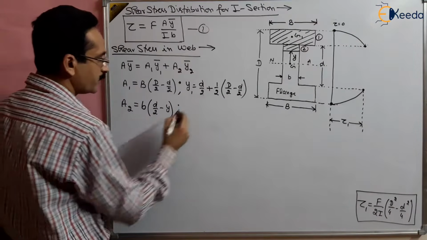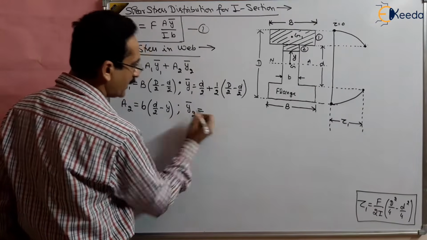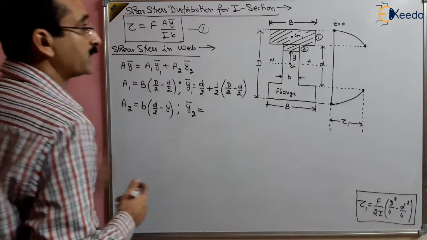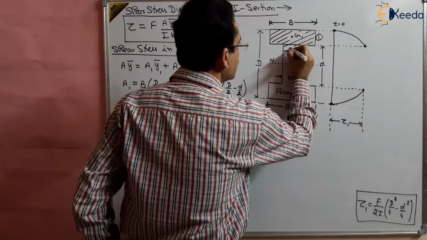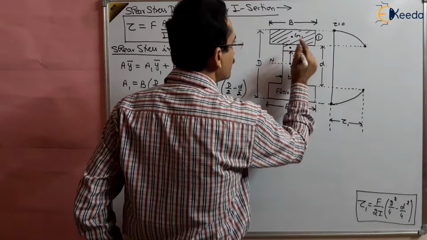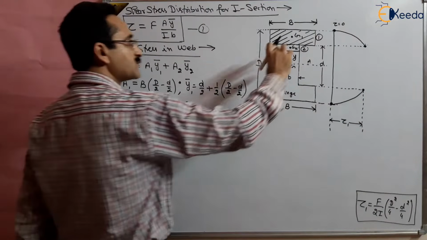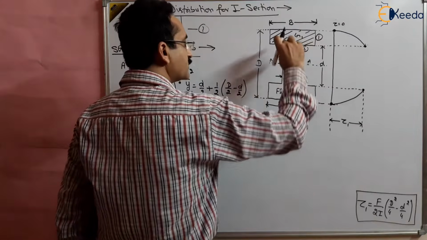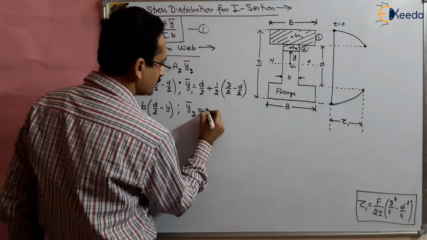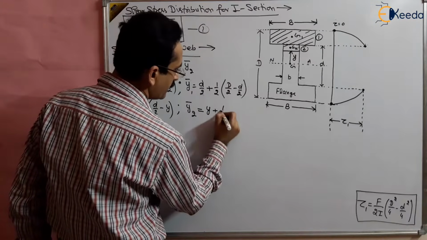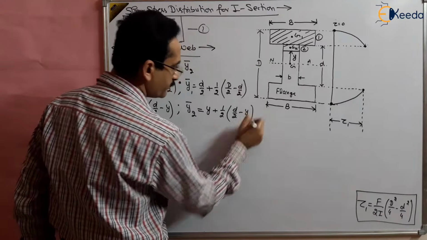So A2 is b times (d by 2 minus y), and y2 bar is the distance of the centroid of this section, G2 suppose, from the neutral axis. So this will be y plus half of this thing, half of (d by 2 minus y), right?